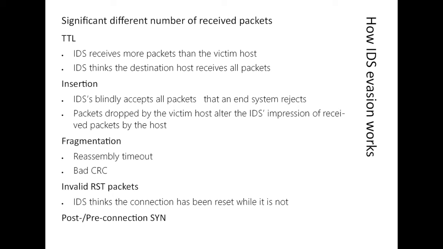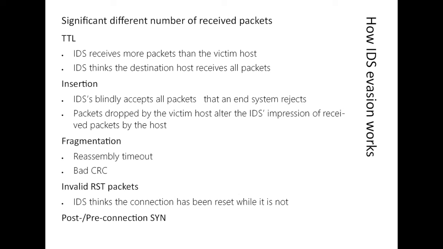If the reassembly timeout of the IDS is higher than that of the victim host, network traffic with false IP checksums may be used. A time-to-live based attack sends packets with different time-to-live values, whereof some have a time-to-live of 1. This causes the IDS to receive more packets than the victim host, as packets with TTL 1 will be dropped after a router installed behind the IDS.